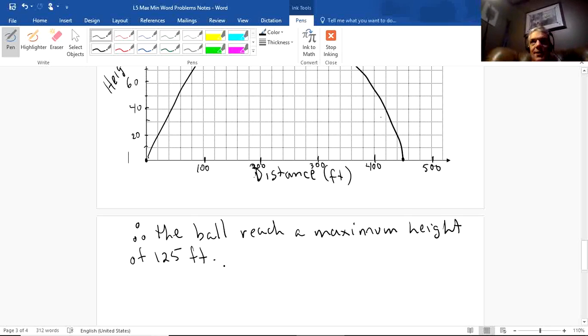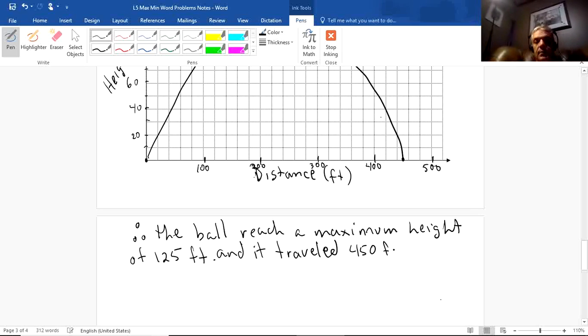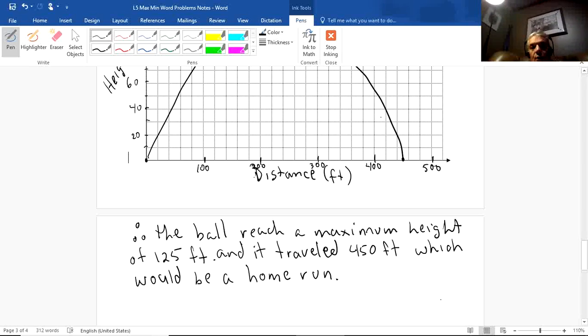They have to know how far or how high these guys will hit balls, and they do hit the balls about 125, 200 feet would be really high for a pop fly, but it does happen, and they have to make sure the stadiums are built that high. And it traveled 450 feet, which would be a home run. Okay. And so that answers all the questions.